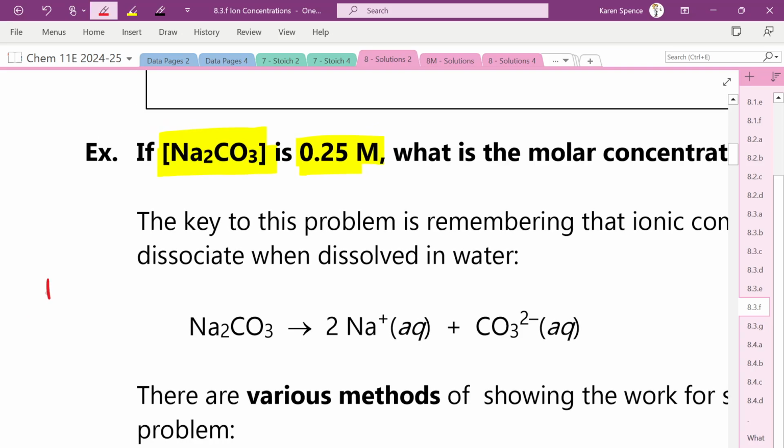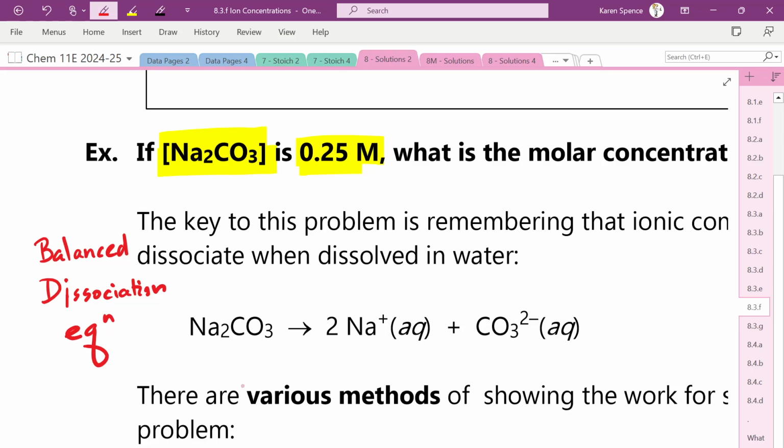That is our balanced dissociation equation. Okay, so we write our balanced dissociation equation. And then here's what I would do, because this is my favorite method.